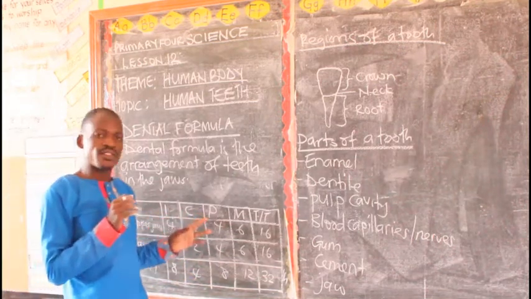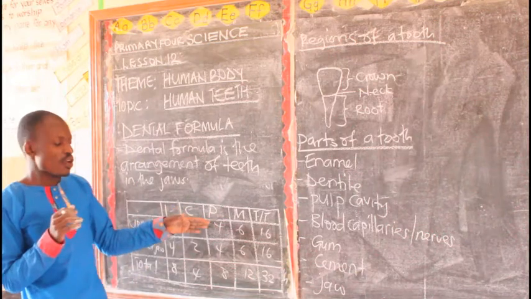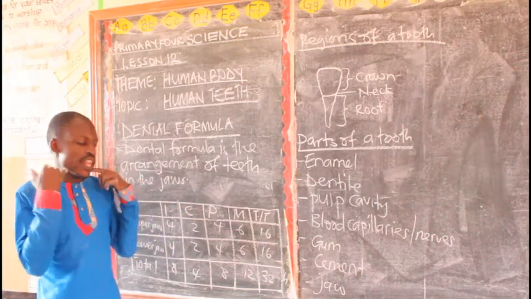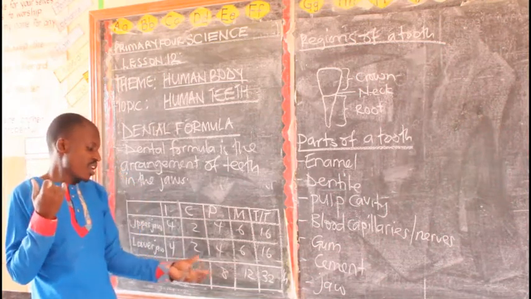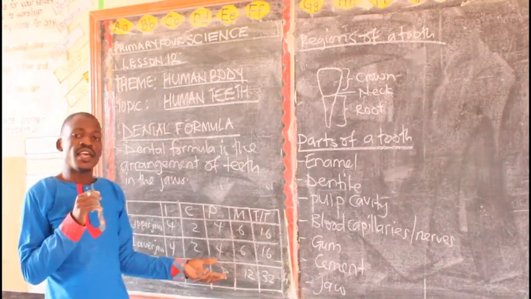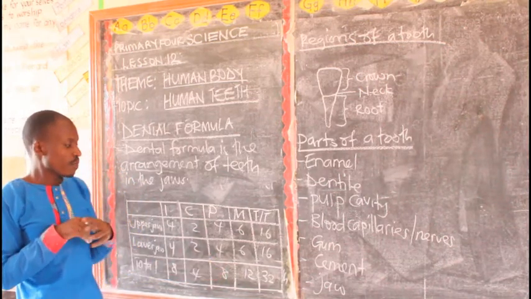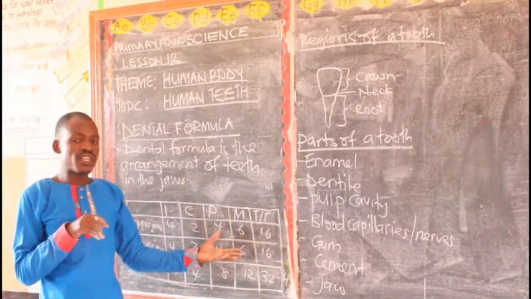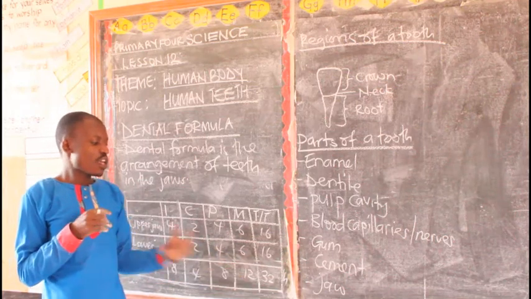Then the premolars are 4 in the upper jaw, 2 and 2, and down also there are 4, 2 and 2. That gives us 8 premolars. Then molar teeth are also 6 up and 6 down, giving us 12.